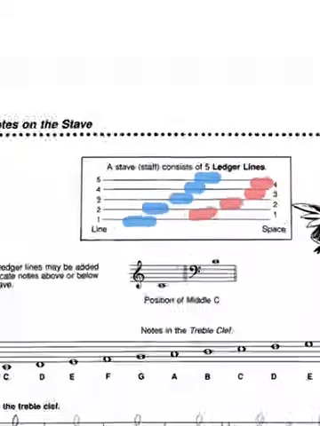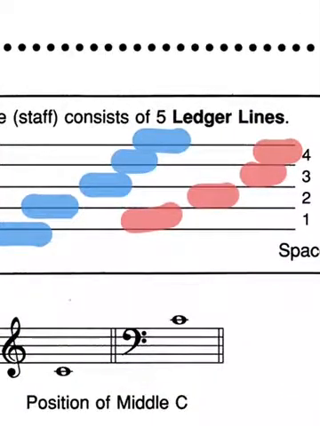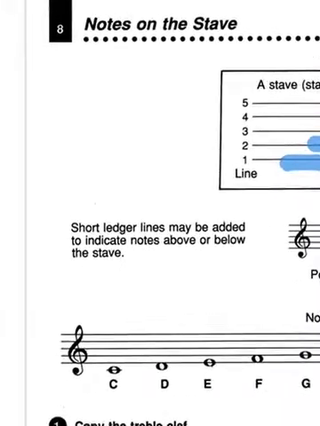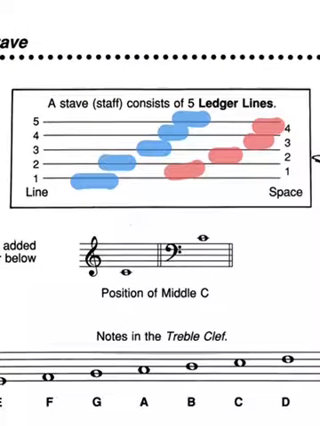Okay, sometimes all the notes don't fit onto these 5 lines and 4 spaces, so then you make smaller, short ledger lines, which can extend the basic stave or staff.